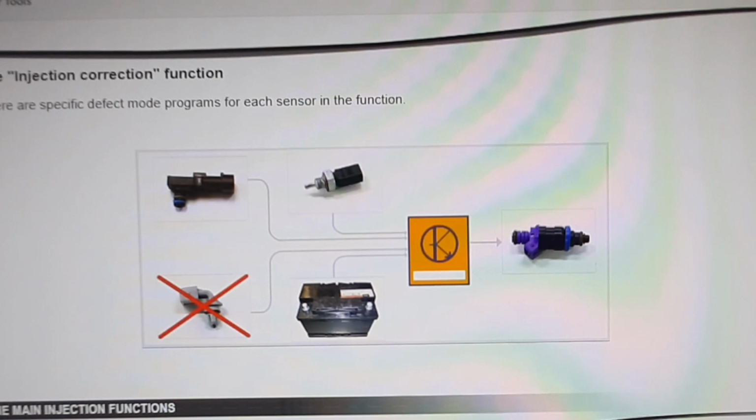There are also several defect mode programs for the air temperature sensor, depending on the system. The computer may, for example, take a programmed value of 20 degrees Celsius. There is no defect mode for the battery voltage, as this signal is taken directly from the computer supply circuit.